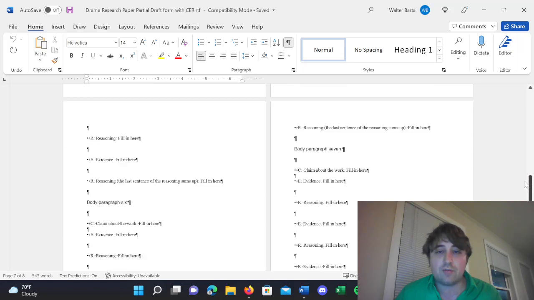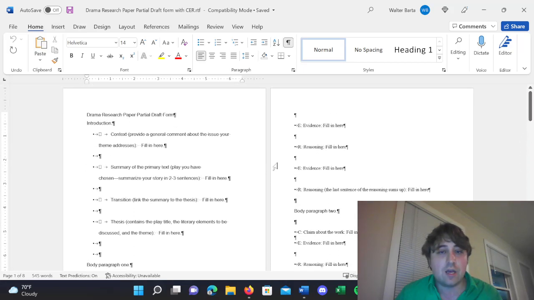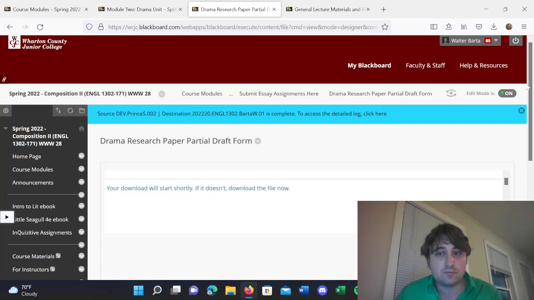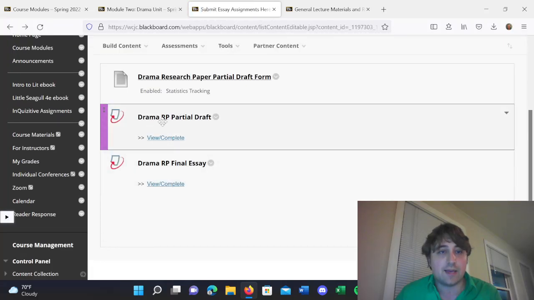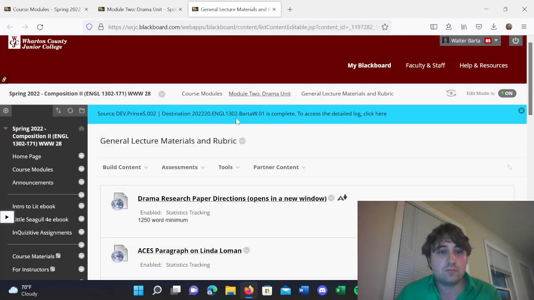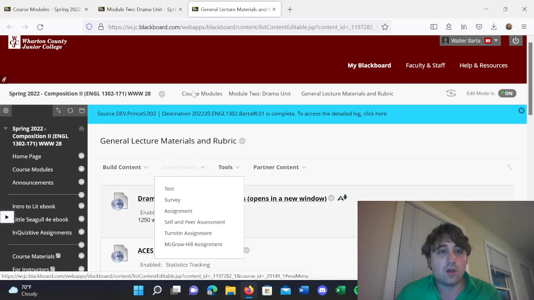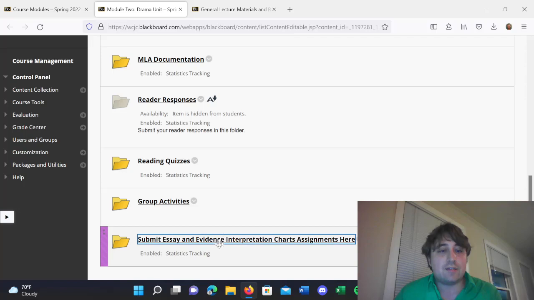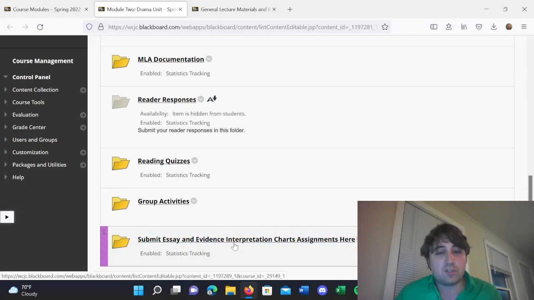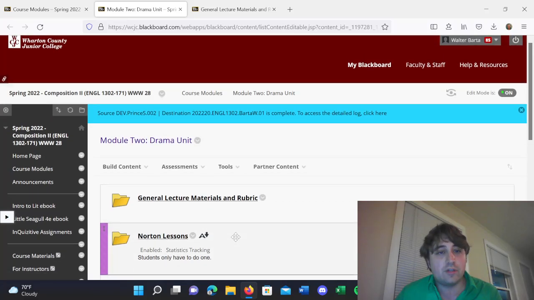Obviously, your partial draft won't look quite like this, but this is an outline to guide you to filling out a partial draft that will be comprehensive for submission. And you're going to submit that here. All right, so that's the Submit Essay and Evidence Interpretation Chart assignment here folder.